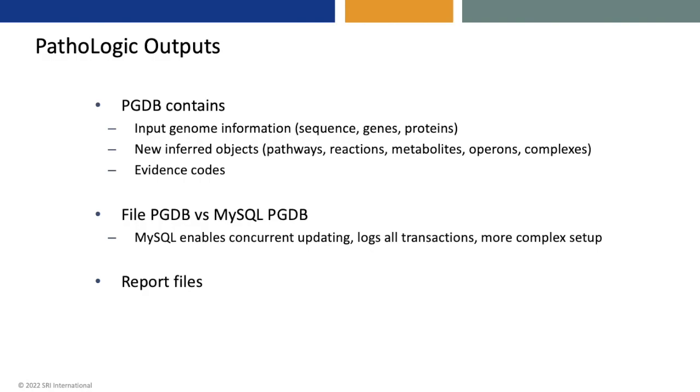Evidence codes are attached to these new inferred objects to ensure that it's clear that these were computationally inferred. And I want to emphasize that the input genome needs to be annotated in the sense that it needs to have the positions of genes identified and the functions assigned for as many of those genes as possible, because Pathway Tools does not do genome annotation.